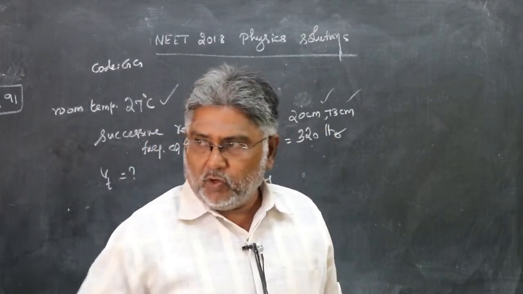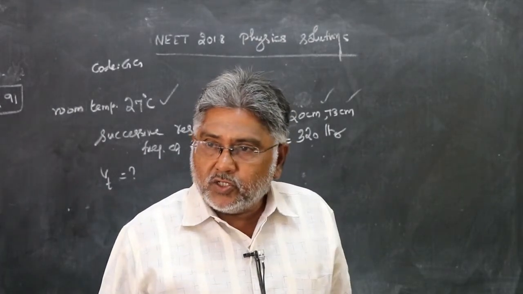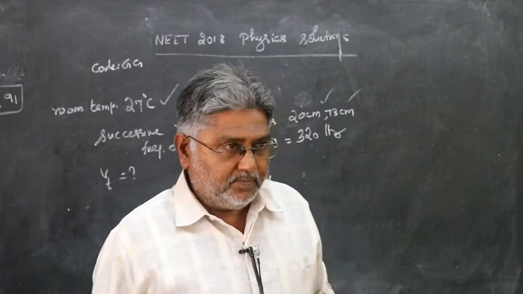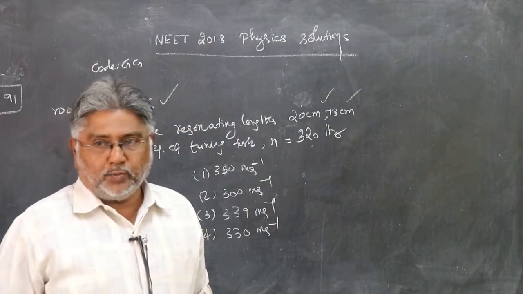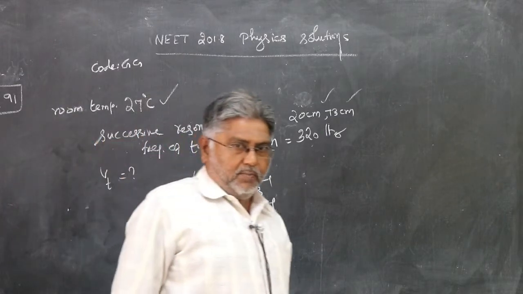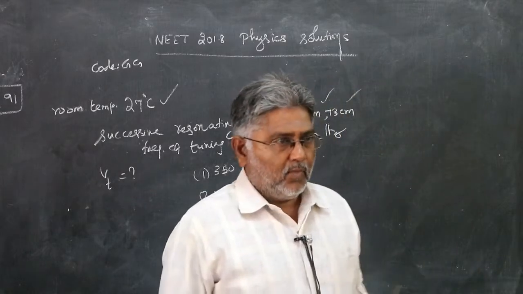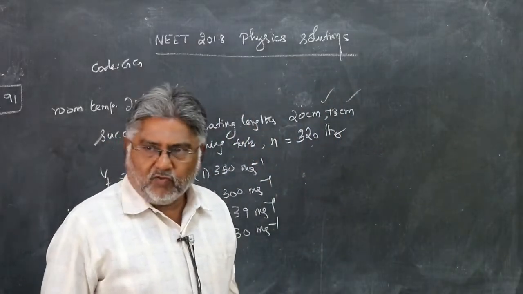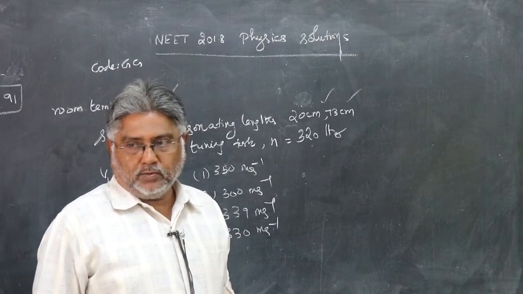There is a procedure to be followed, and this is the direct application of the formula which you will use in that experiment. So extra derivations are not necessary. If you have done that experiment, you will know the formula, or even otherwise it's a general formula in a resonance apparatus to find the velocity of sound at room temperature.